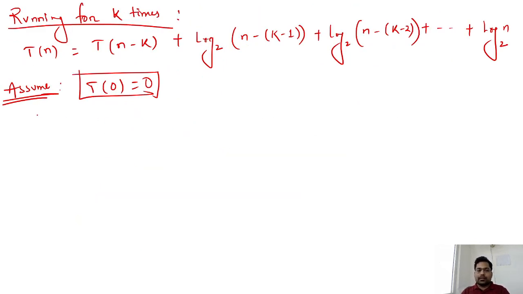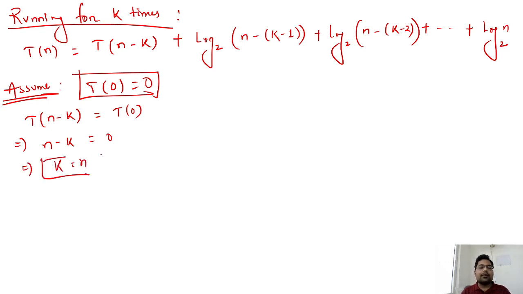We reached the base condition. Now the function t of n minus k is equivalent to the function of the base condition. Now n minus k is 0, so the value of k is n.